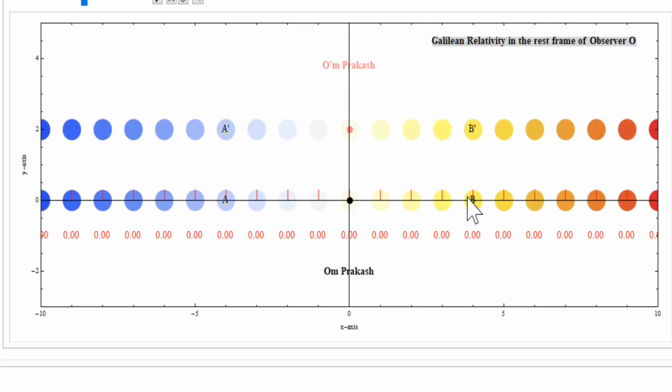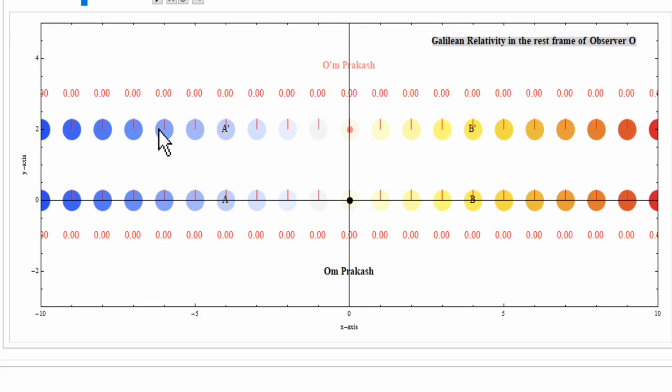So here we are again, back in the rest frame of the platform of observer Om Prakash and his friends. And this is again in Galilean relativity. And we'll assume a simultaneous lightning strike at A and B. And since the clocks on the train are in sync and tick at the same rate as the clocks on the ground, the lightning strikes at A prime and B prime appear to be simultaneous even to the observers on the train.